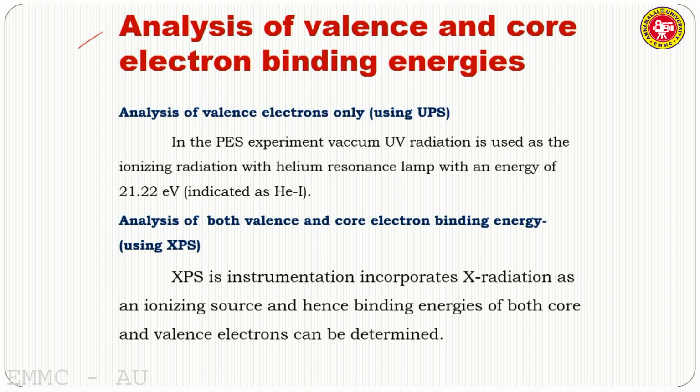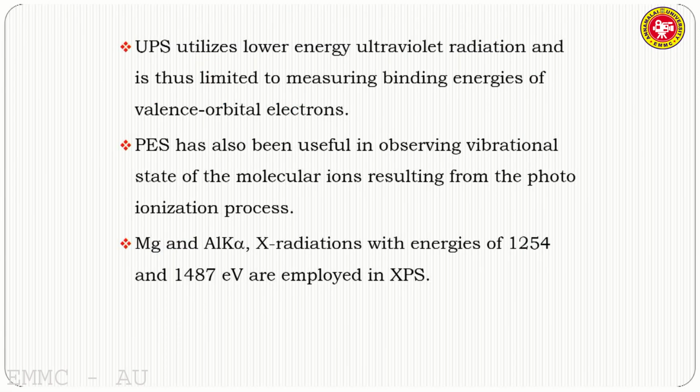Next category, analysis of both valence and core binding energy using XPS. XPS instrumentation incorporates X-radiation as an ionizing source, and hence binding energy of both core and valence electrons can be determined. UPS utilizes low energy ultraviolet radiation and is thus limited to measuring binding energy of valence orbital electrons.